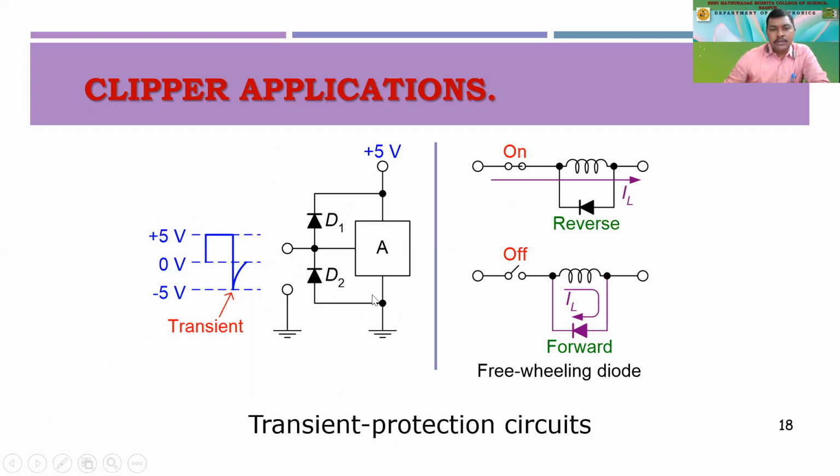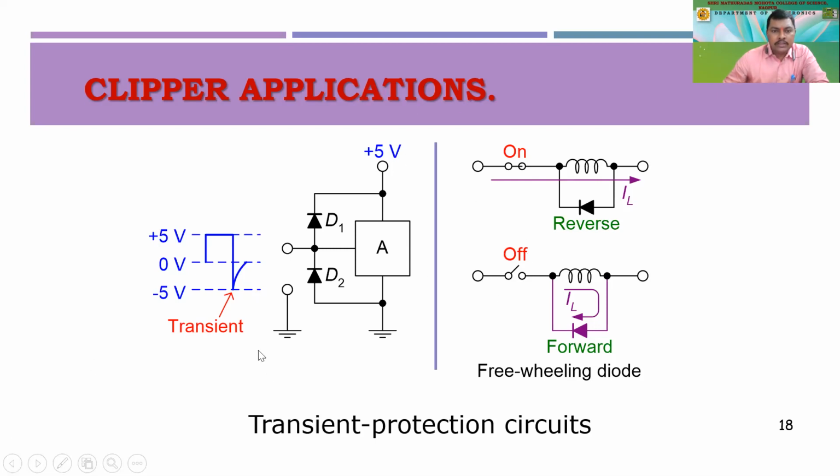So we have the transient protection circuits. Transient protection circuits are where we expect that if the voltage exceeds a limit which can break the circuit, then the diode will come into play and switch off the current, right? If there is a short circuit and maximum current flows, this diode can control it and make it switch off, right?